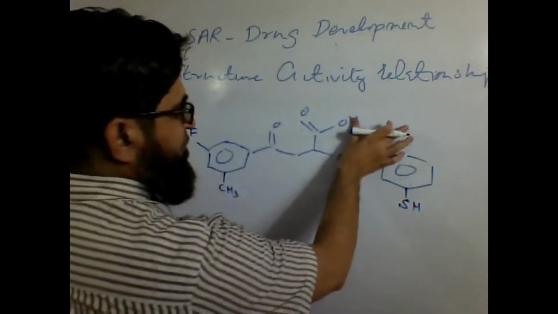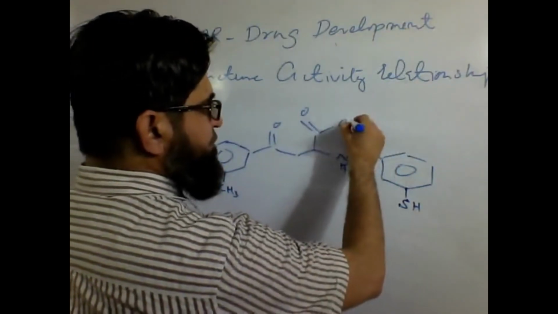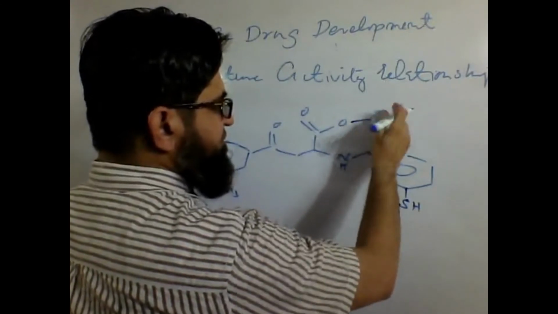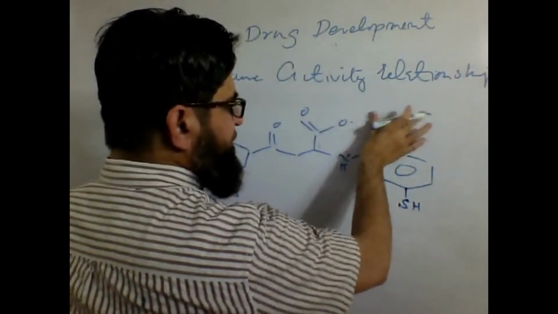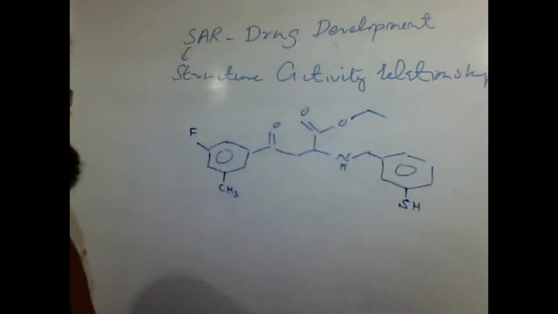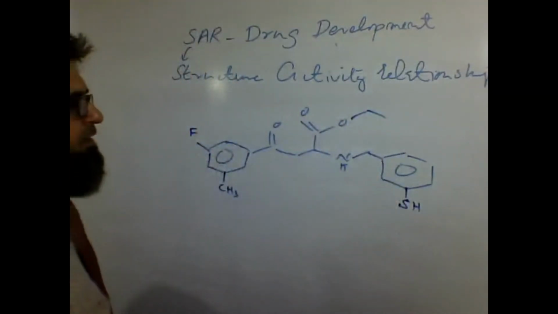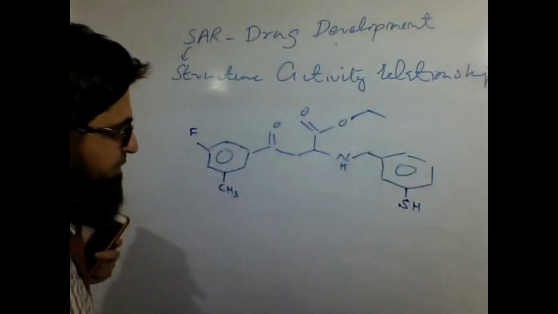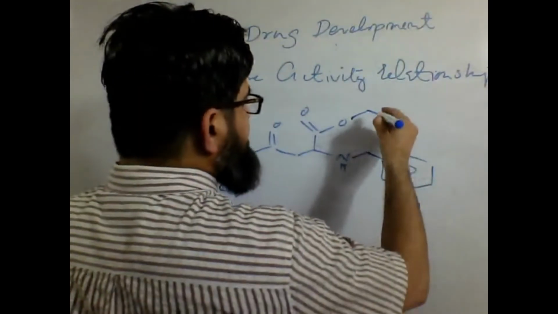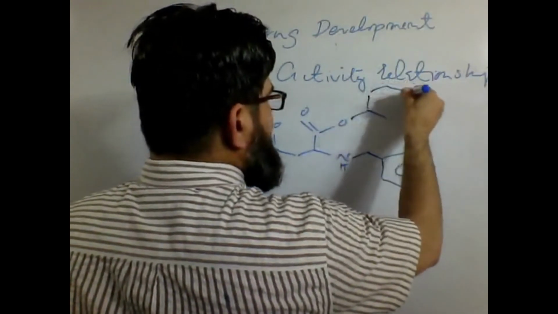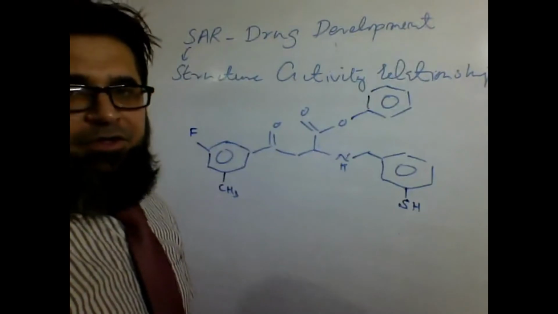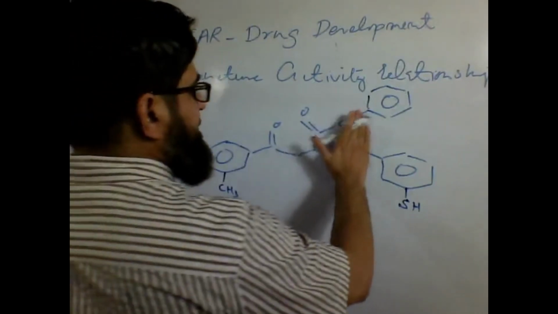What one could do, let's say we can introduce over here some sort of component. Let's say we have introduced a simple group, this is a compound, or we can develop another compound.